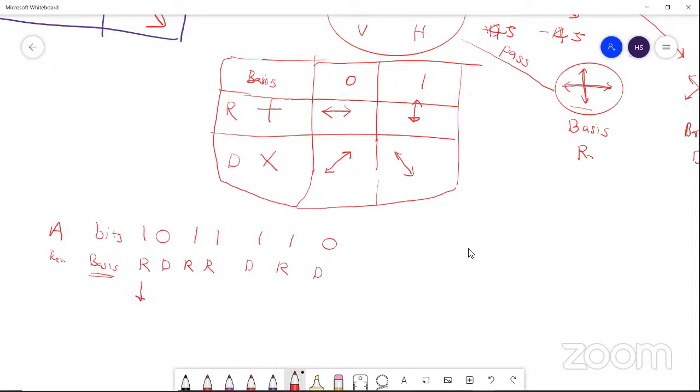Alice wants to send 0 in which basis? D basis. Then she should send plus 45, a plus 45 polarized photon.